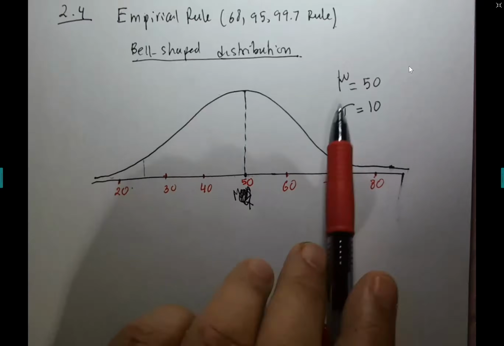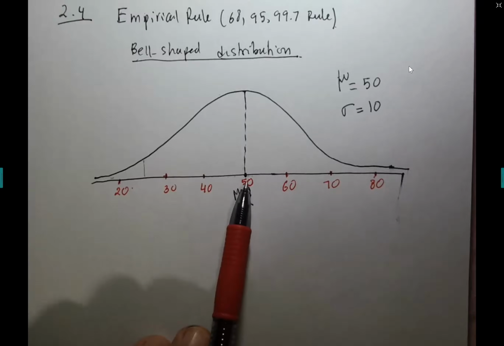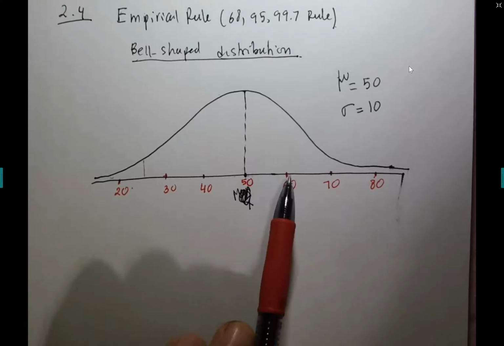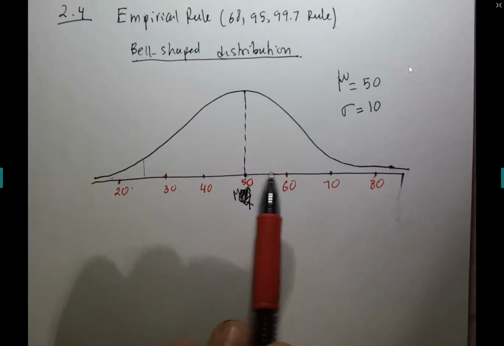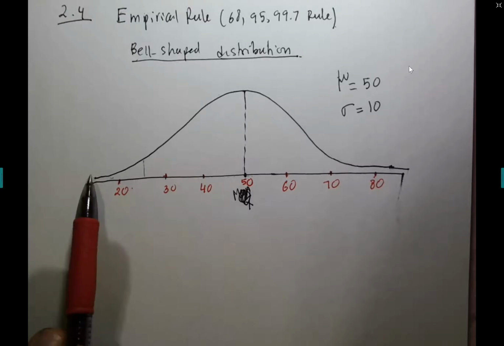So this is what the standard deviation is. That's a 10 and that's a 50. So 50, we agree that it should be in the center because the mean is called the measure of center. So the mean is 50. And then it makes sense that when you go on the number line to the right, the values go up, and to the left, the values go down.